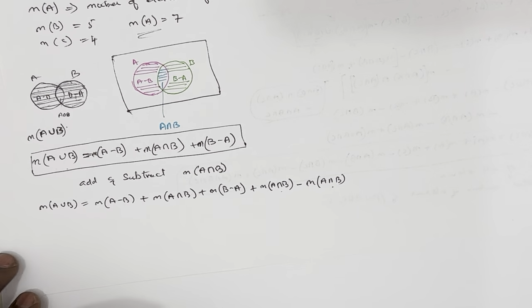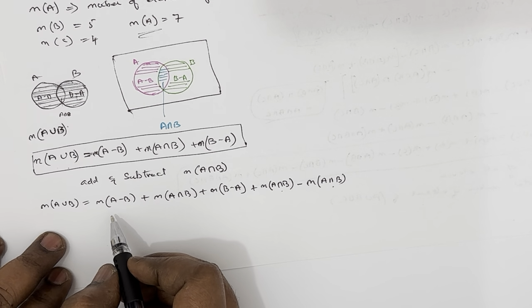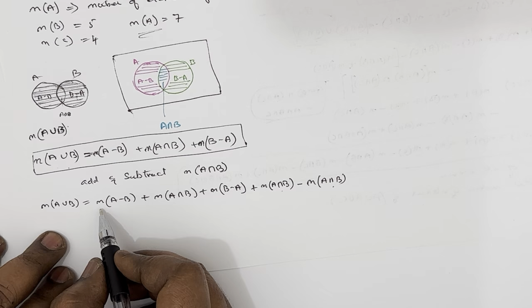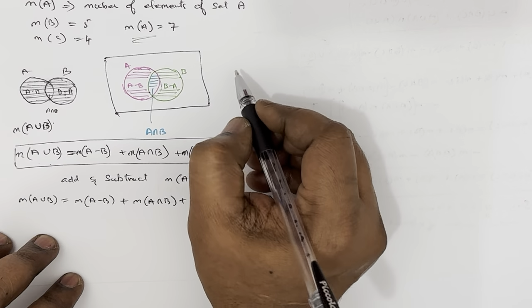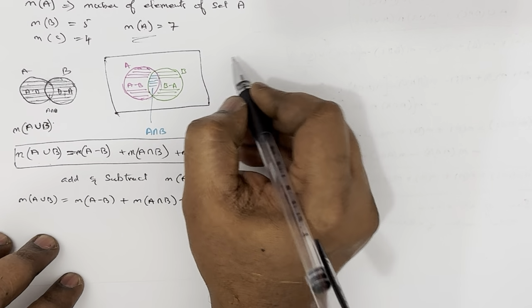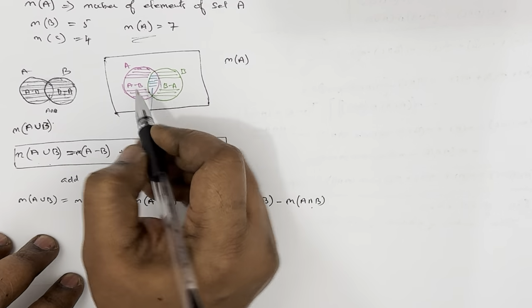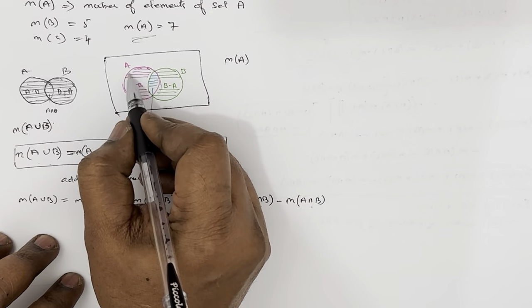Now if you see, the total number of elements of A, N of A, will be this area plus this area.